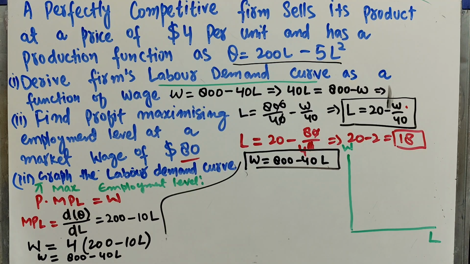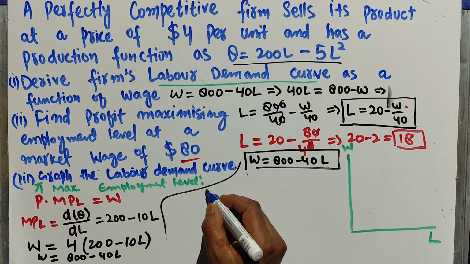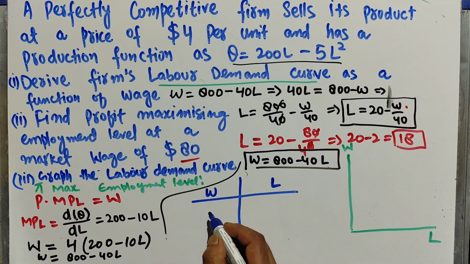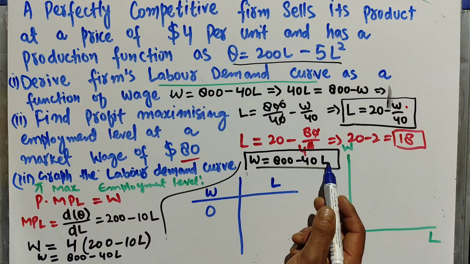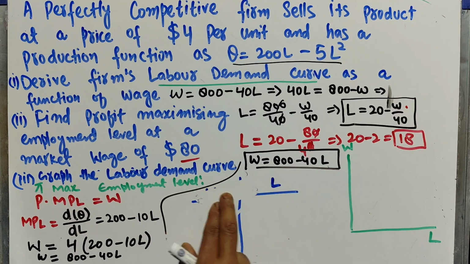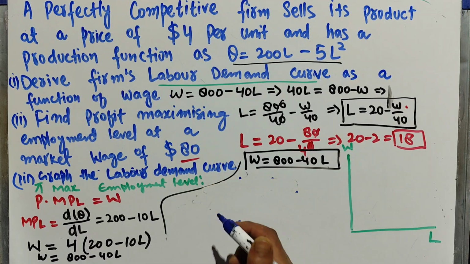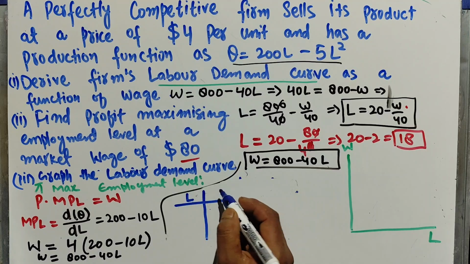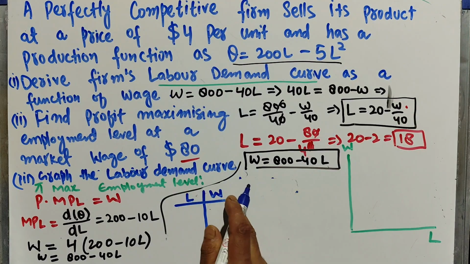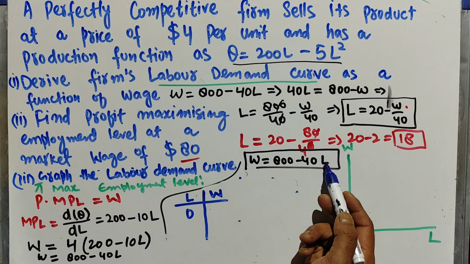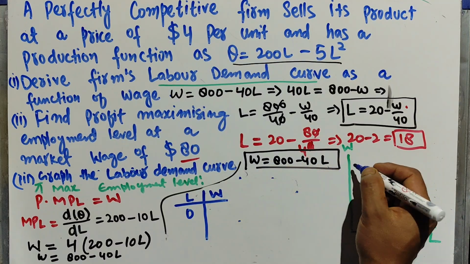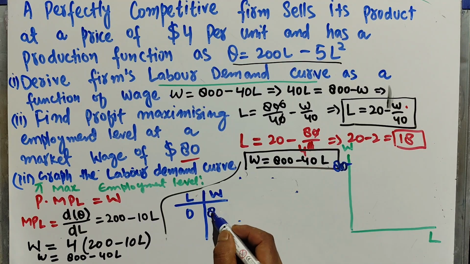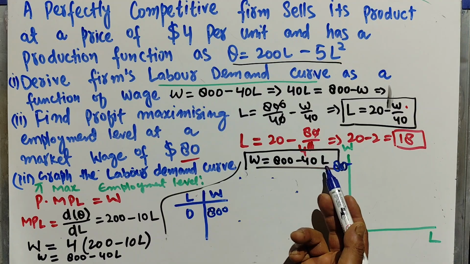When 0 units of labor are employed, L = 0, so W = 800. Now let us plug in L = 10: W = 800 - 40 times 10 = 800 - 400 = 400. So when 10 units of labor are employed, the wage rate is 400. Now let us say L = 20: W = 800 - 40 times 20 = 800 - 800 = 0.